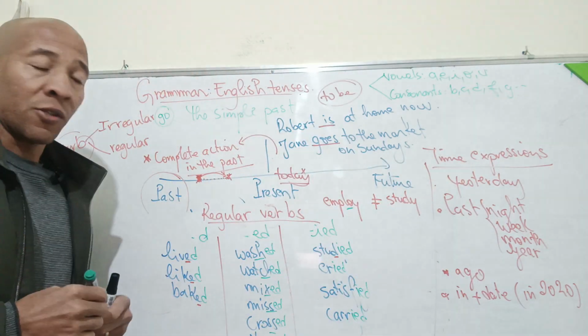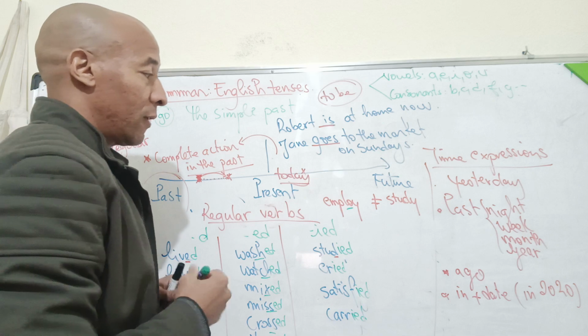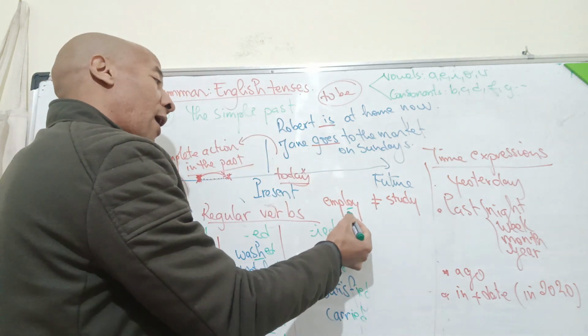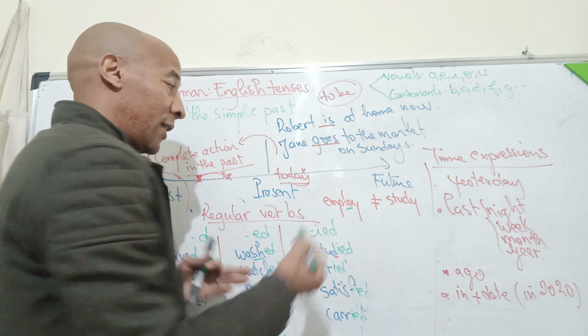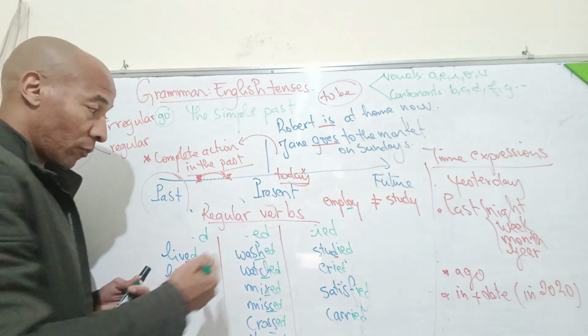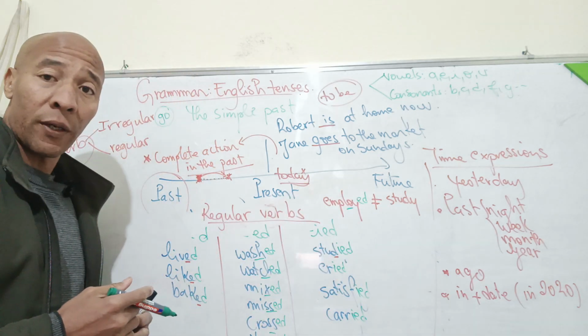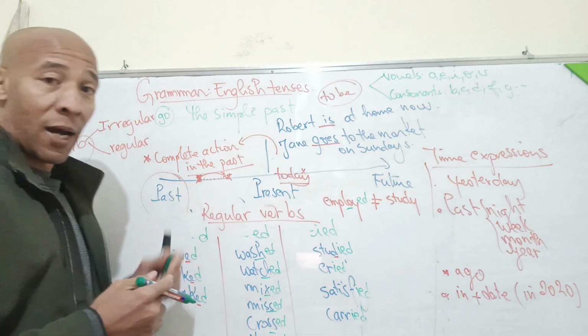Right? So whenever you have a verb that ends with a vowel plus Y, then it is very simple. You add an ed. So we say employed in the past, right?